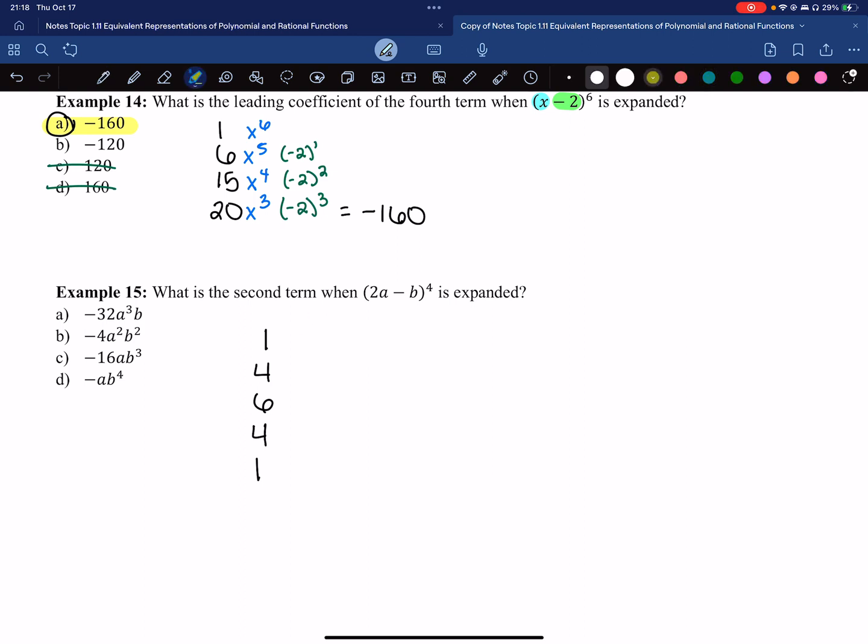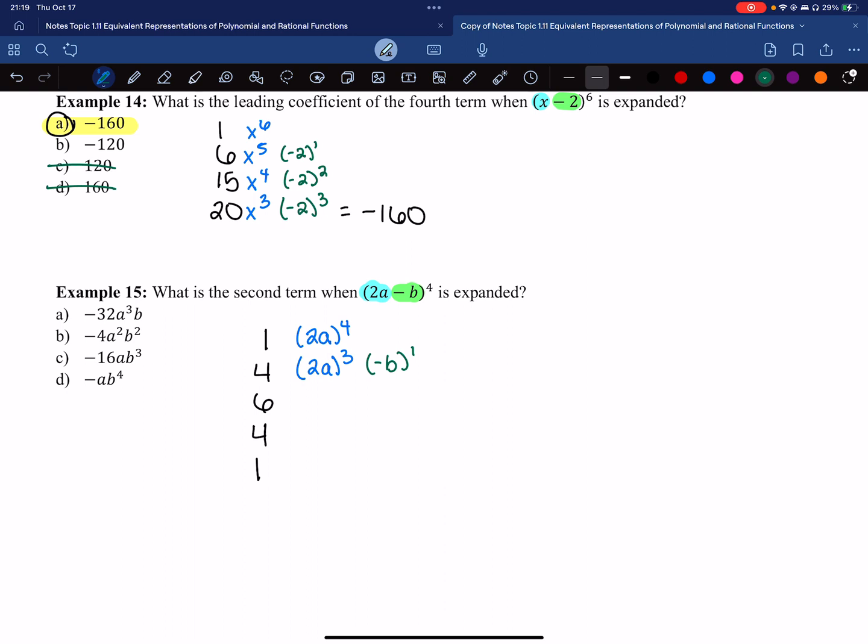Now our first thing has two parts, 2a. So we have 2a to the fourth, 2a to the third. Then we have our second term, which is a negative b. So that would be negative b to the zero and then negative b to the first power.